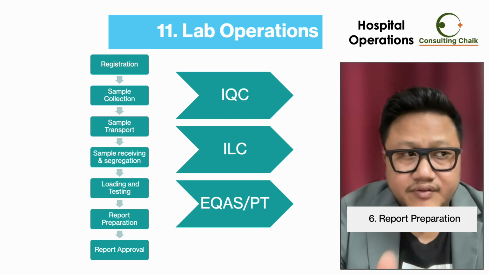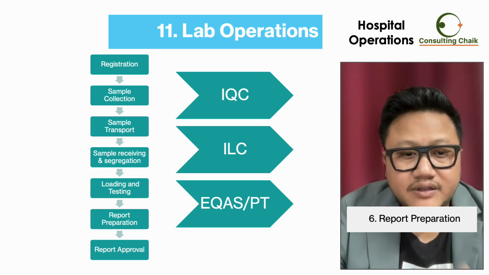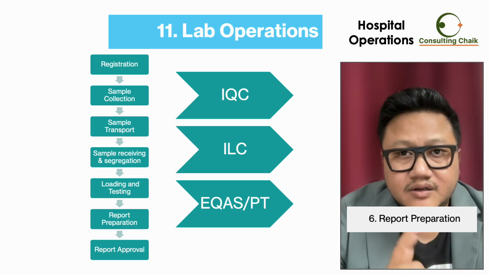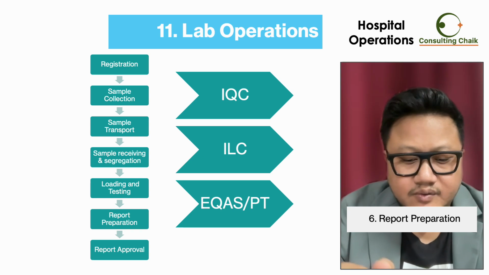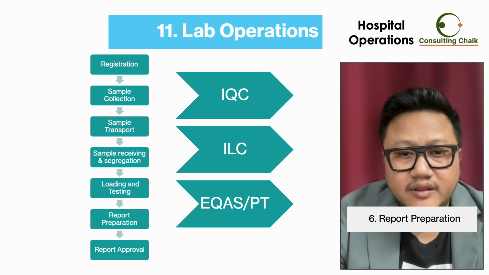If it is not, then they change the value and say it's not critical. And once it is critical, then they talk to the consultant. Okay, so you need to have a critical alert register, and there you need to write all that.